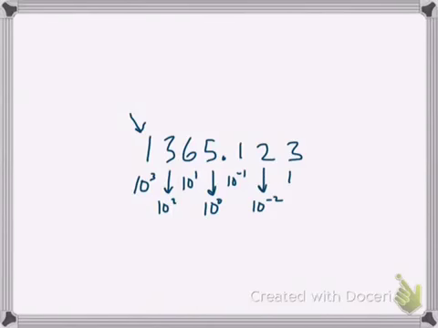And this is the thousandths place, which is 10 to the negative 3. Right. So our number system is a base 10 number system. And powers of 10 decrease by 1 as you go down, or increase by 1 as you go up. Right? So from one digit to the next, we're increasing.